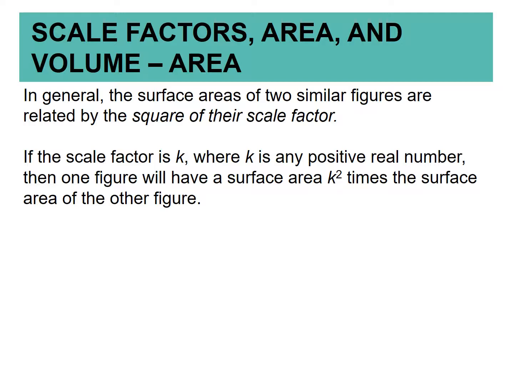And there are examples in your book of this working. You can also say that their scale factor has to be the same. If you check their ratios, it all has to be the scale factor.